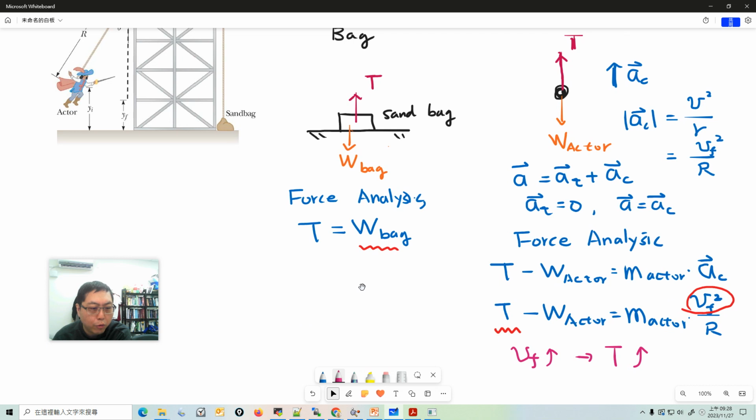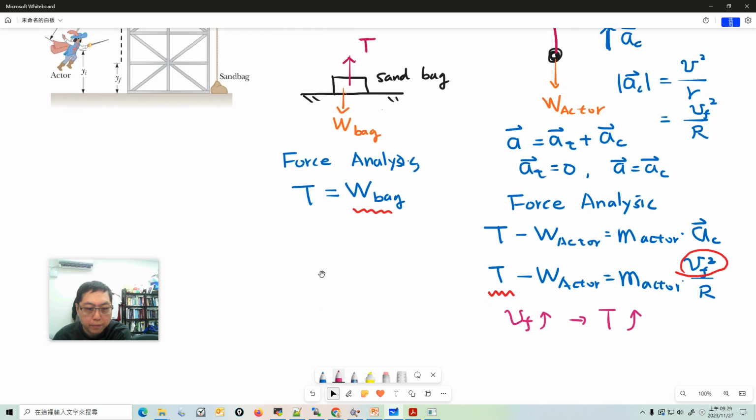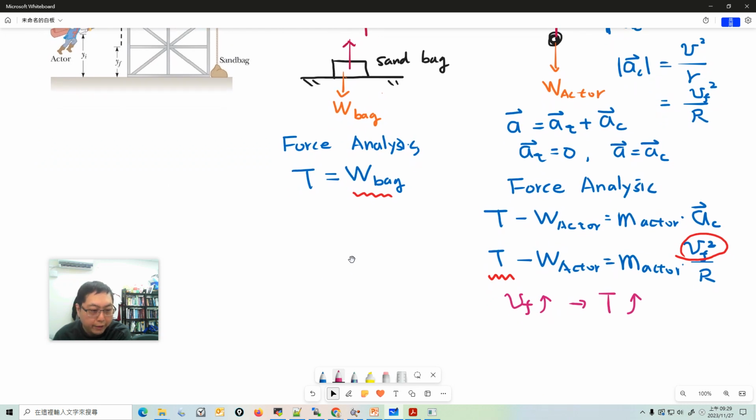The velocity vF also relates to your initial position, your initial height.